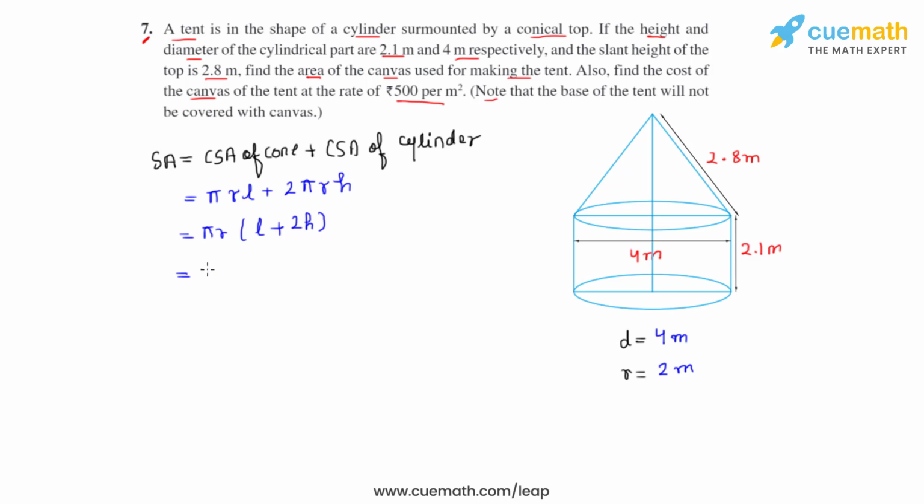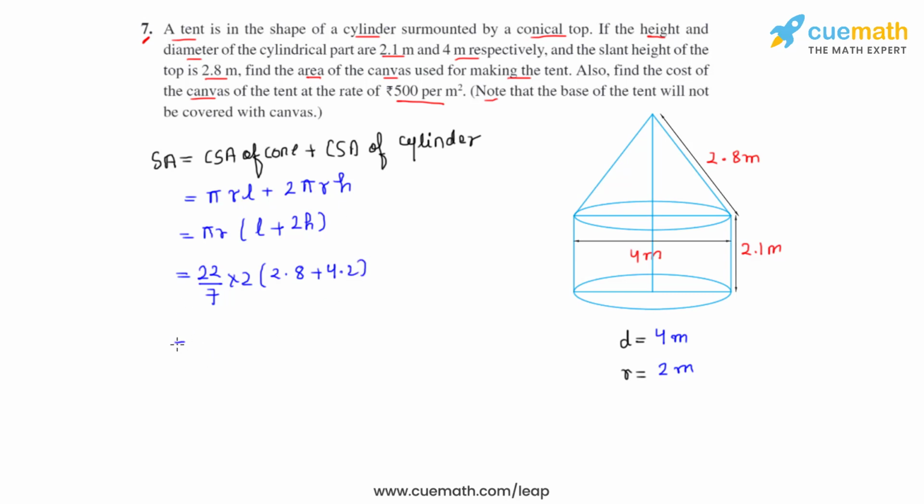Now let's substitute the values. We write 22 by 7 times 2, times L, which is 2.8, plus 2 times the height. The height is 2.1 meters, so when multiplied by 2 it will give us 4.2.